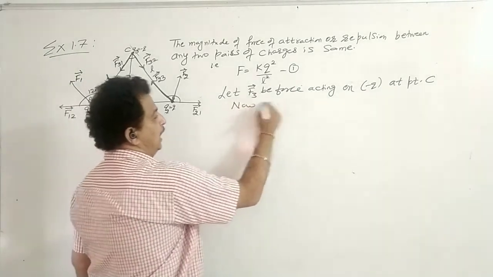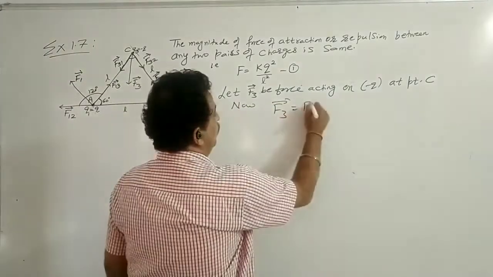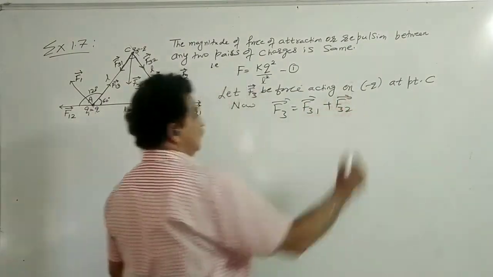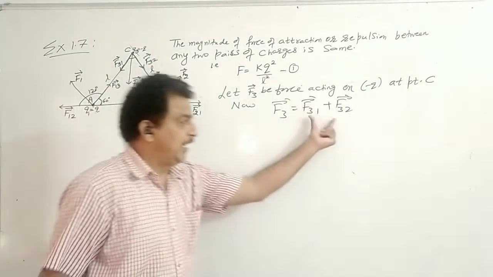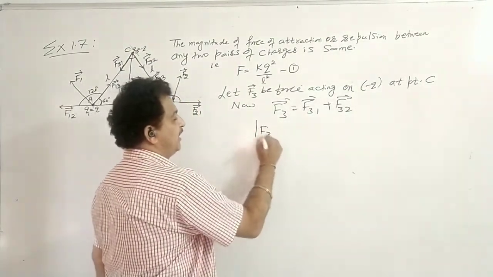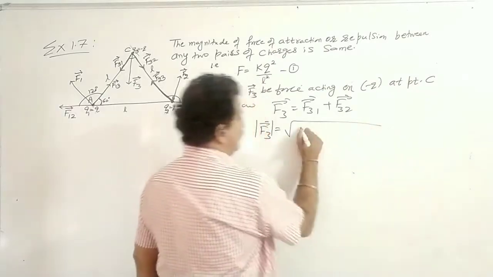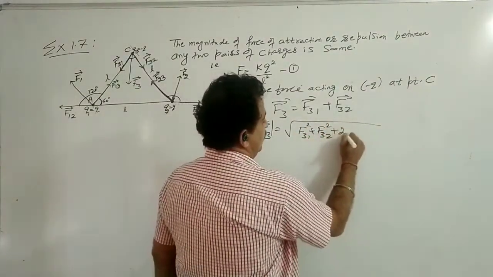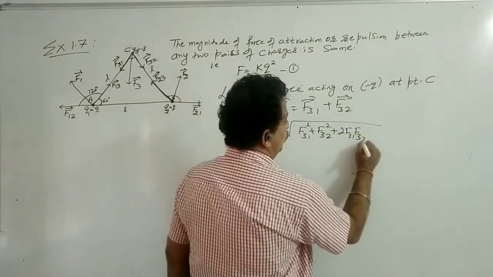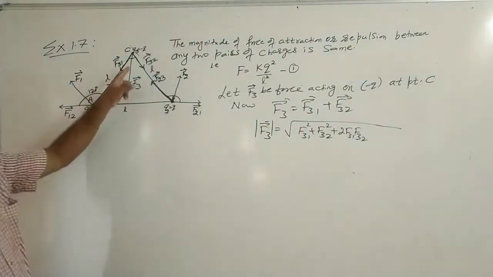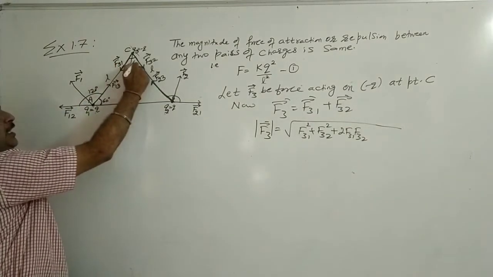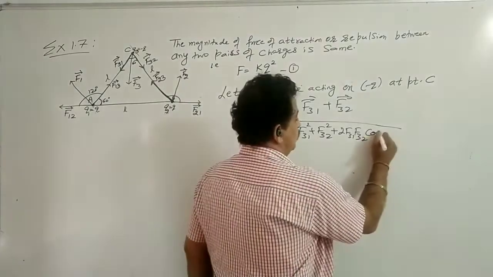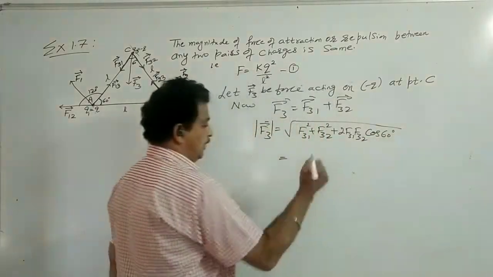In vector form, I will write F3 is equal to F31 plus F32. Again, they have some angle between them. So mod of F3 is equal to under root F31 square plus F32 square plus 2 F31 F32 cos 60. In the question they have given it is an equilateral triangle, so the angle between them is 60 degrees.